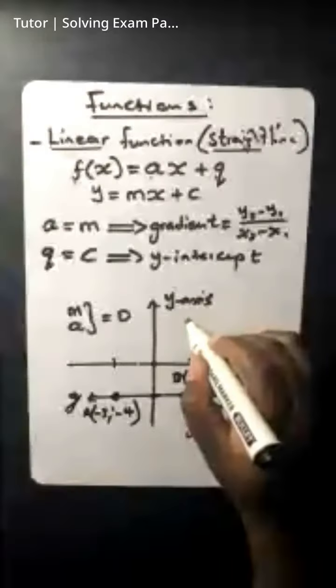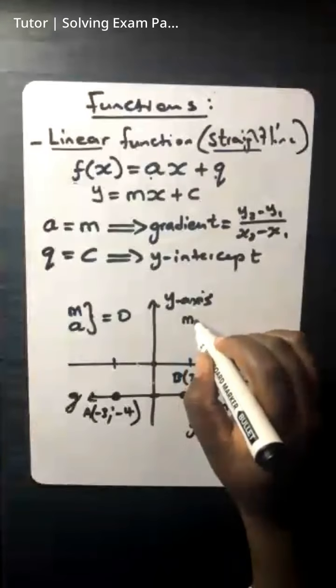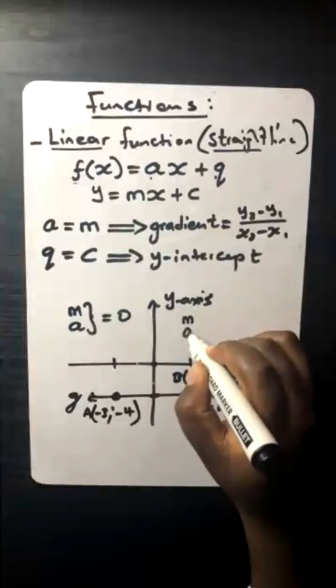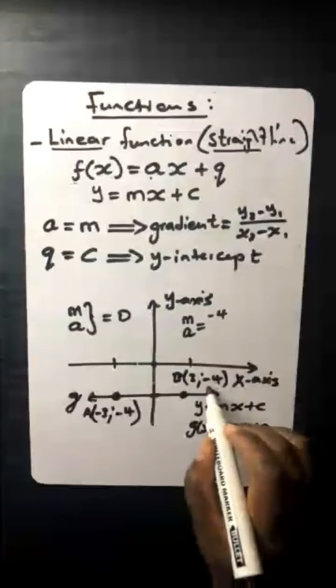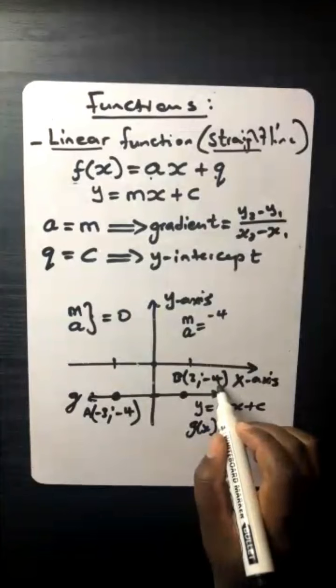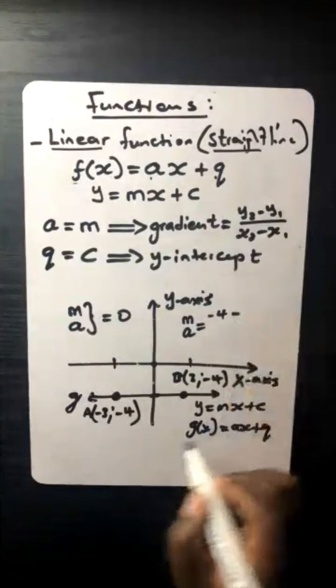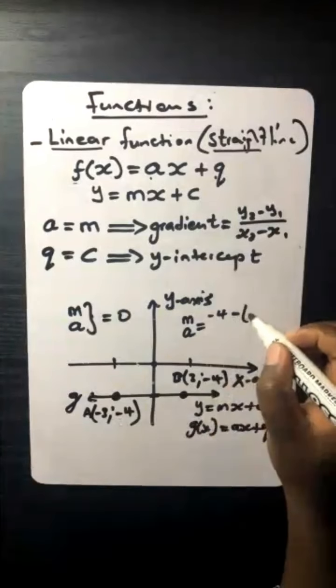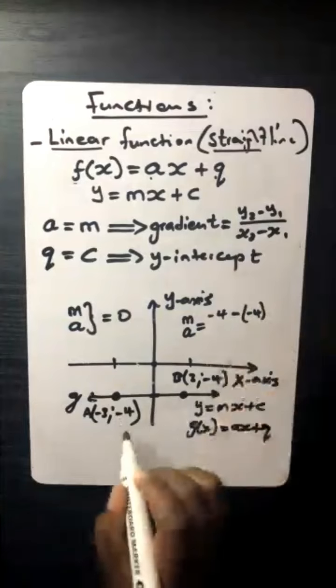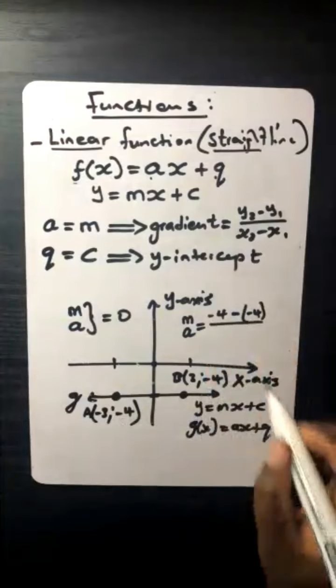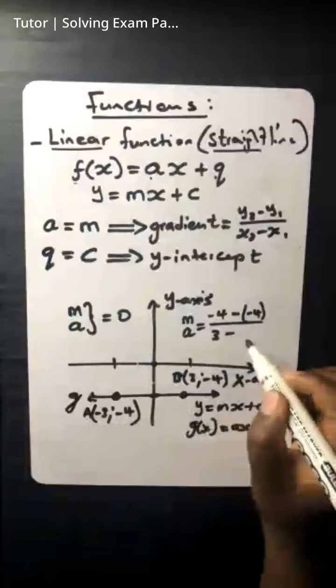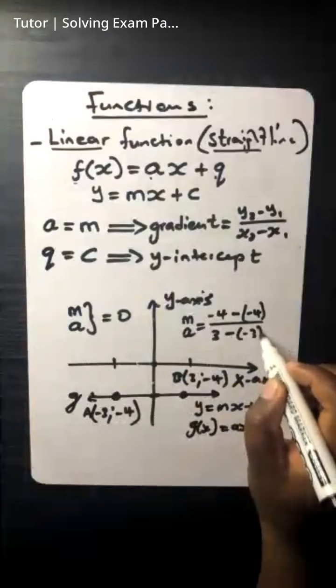So if you want to calculate the m or a, this equals y2 minus y1 over x2 minus x1. y2 is negative 4, minus y1 which in brackets is negative 4. What about x2? It's going to be 3, minus x1 being negative 3.